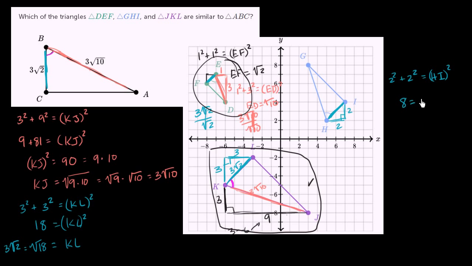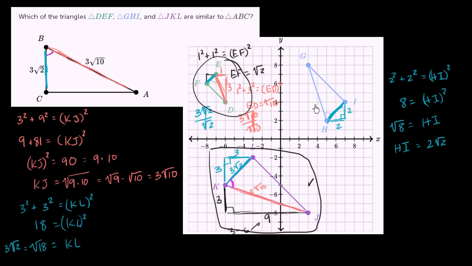So 8 is equal to the length of HI squared. Then we can take the square root of both sides. So the length of HI is equal to the square root of 8, which is the square root of 4 times the square root of 2, which is 2 square roots of 2. So this is 2 square roots of 2.